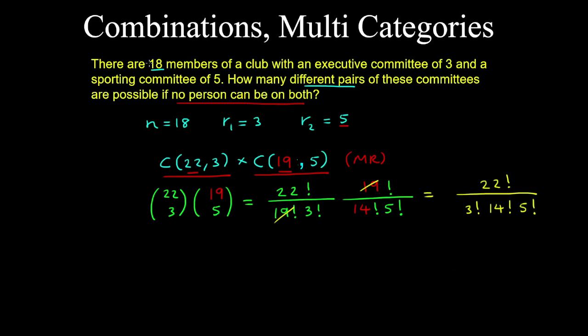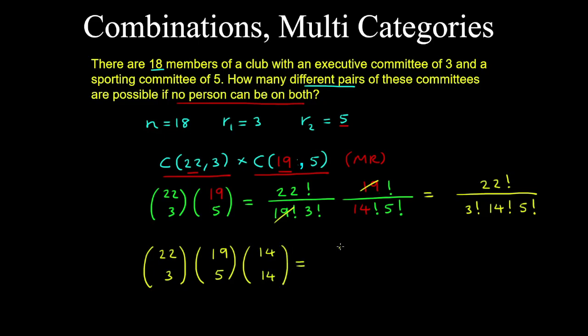Now if we want to distribute all 18 members in 3 categories, so we initially have 22 members distributed in the first category, being the executive committee, and the remaining 19 members get distributed in the sporting committee. So we have 14 members left, and I'm going to distribute the remaining members in a third category.